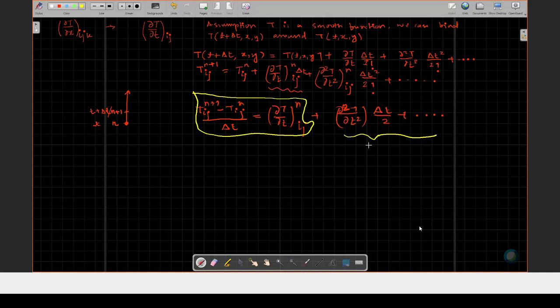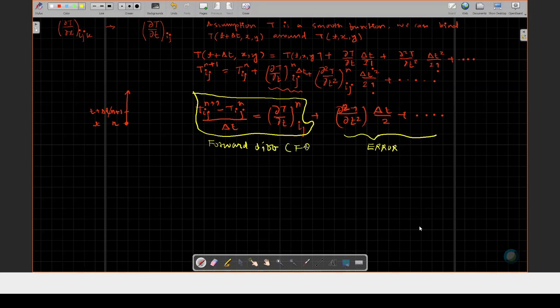These neglected terms are called errors. How good this expression is depends upon the first term, delta t. So the order of accuracy, this is a forward difference expression.